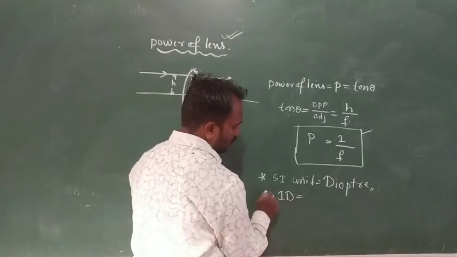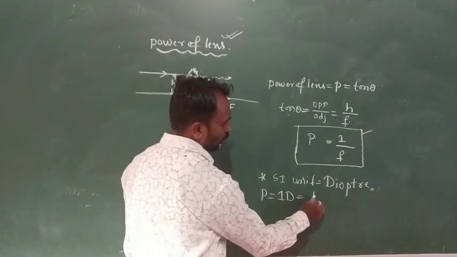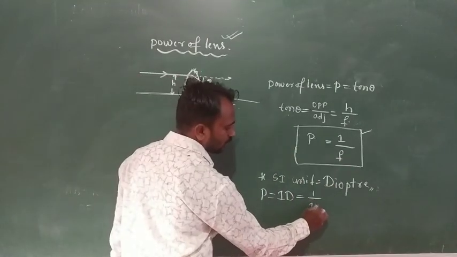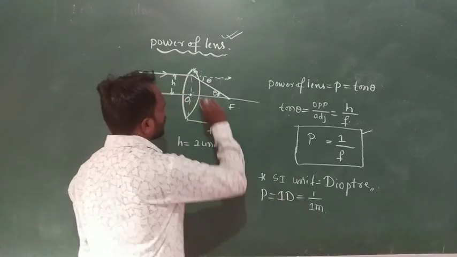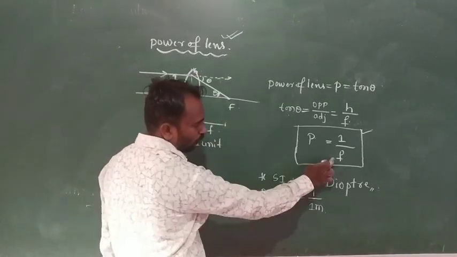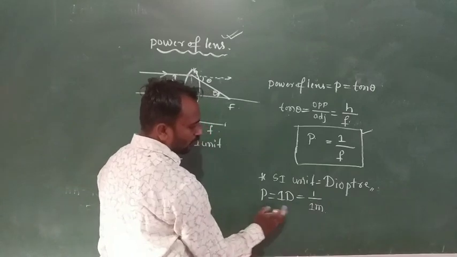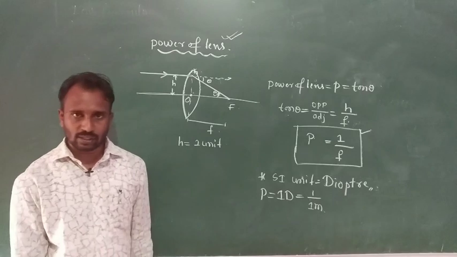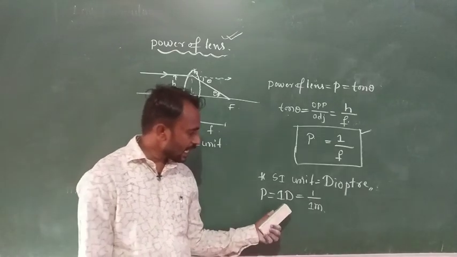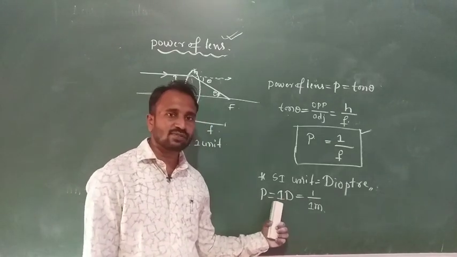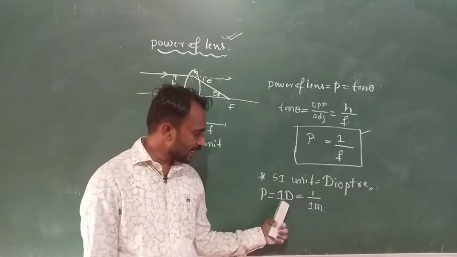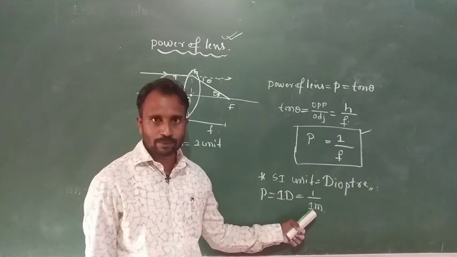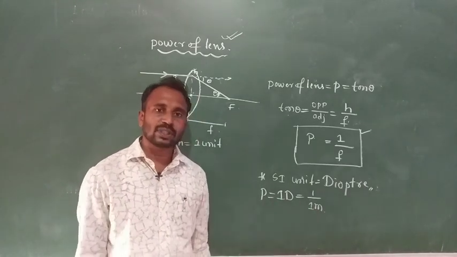It means 1 diopter is 1 divided by the focal length, where the focal length is 1 meter. So the height is 1 unit and the focal length is 1 meter. When the focal length of a lens is 1 meter, the power of the lens is 1 diopter. If you say 1 diopter, the focal length of a convex lens is 1 meter.